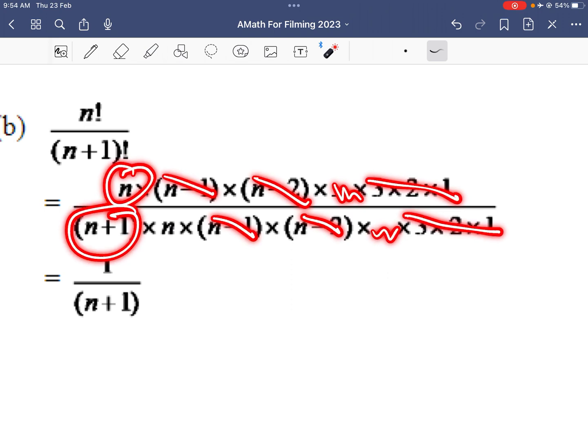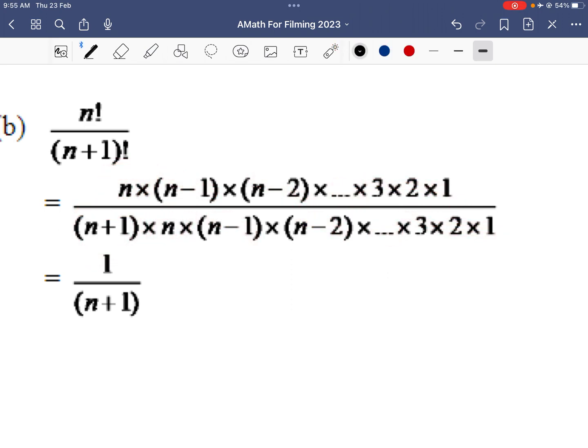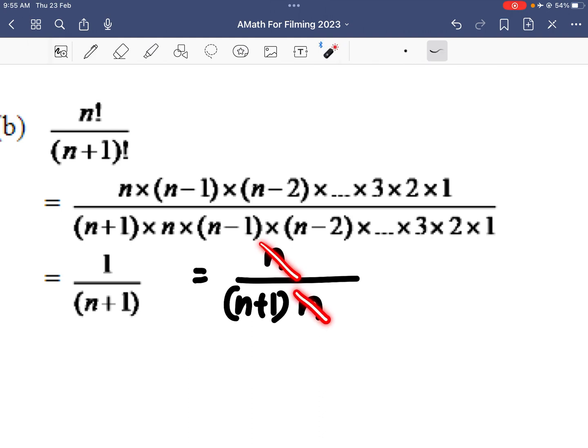All that remains is n, n plus 1, and n. So what we have remaining is n over (n plus 1) times n. What we can do now is eliminate n, we're left with a 1 above, hence we get 1 over n plus 1.